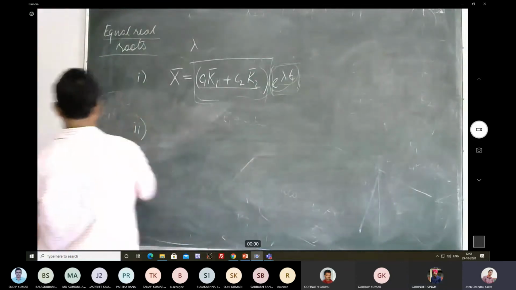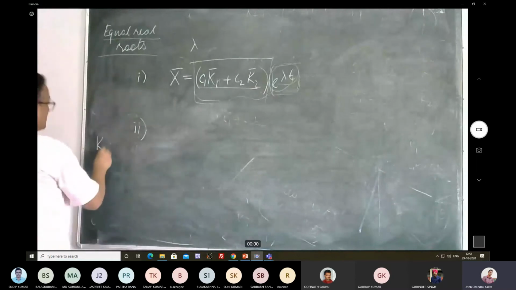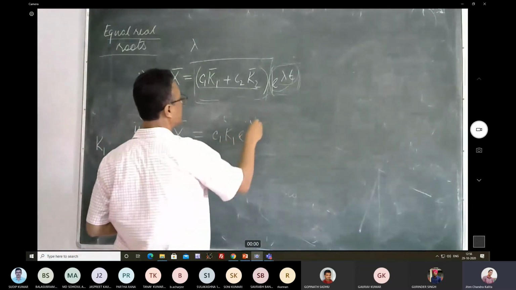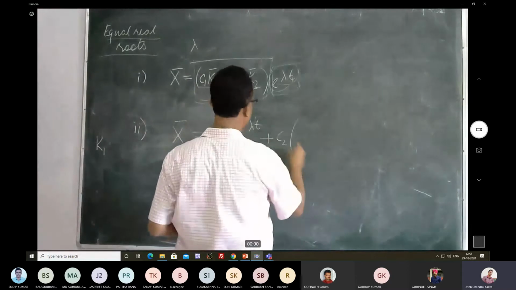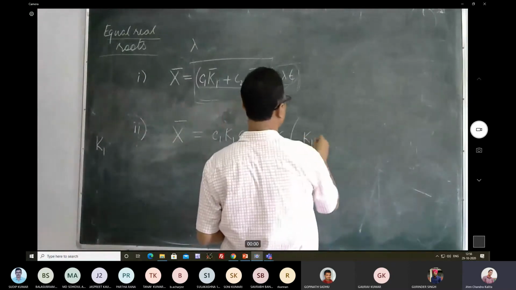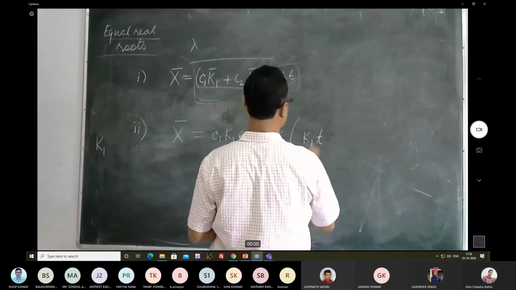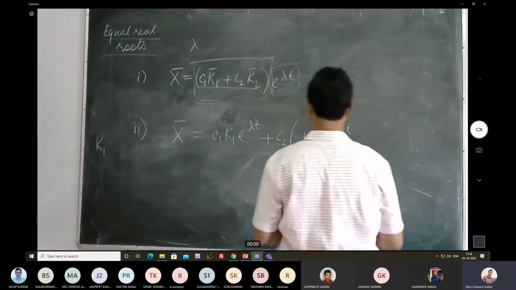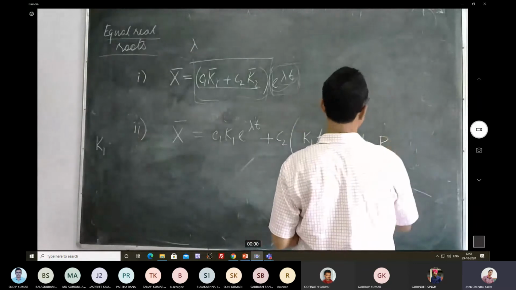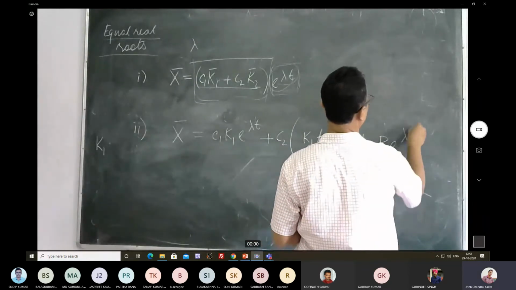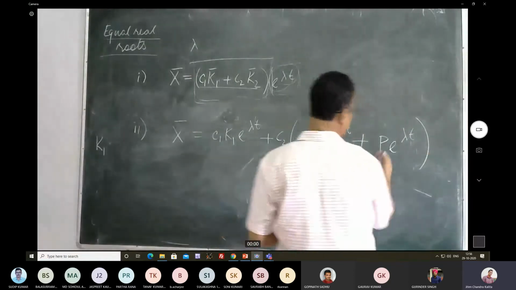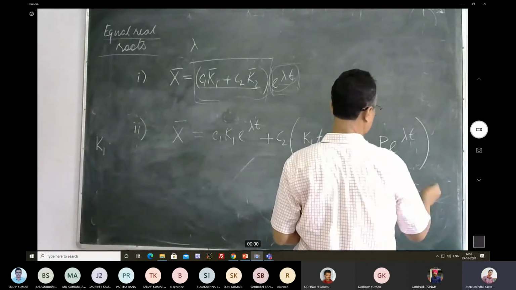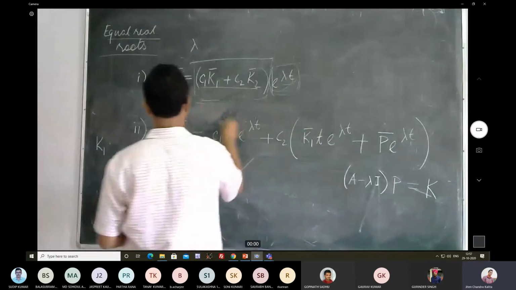So if that eigenvector was, say, k1, then your solution is going to be c1 k1 e to the power lambda t, plus c2 (k1 t e to the power lambda t plus p e to the power lambda t), where you determine p from the equation (A minus lambda I) p equals k.